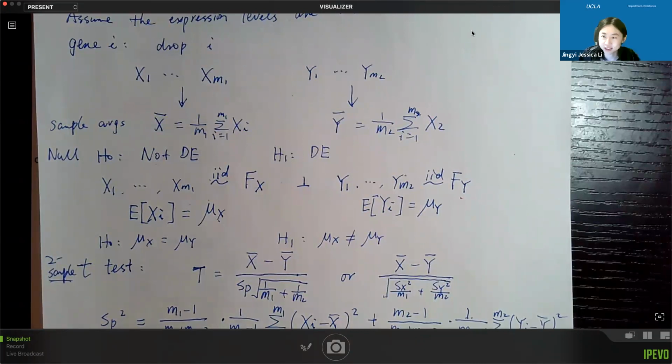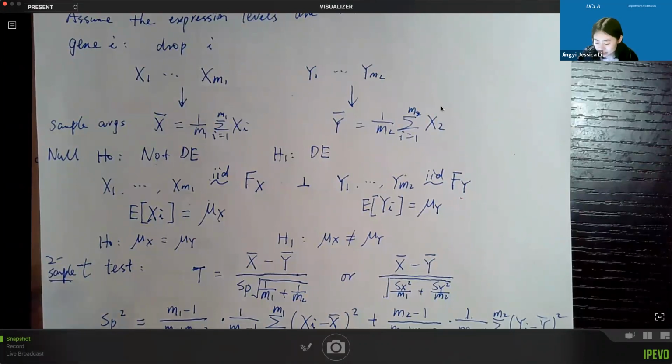And of course, you cannot afford to do a non-parametric Wilcoxon test or the permutation test. But still, try to think about whether the normal assumption is reasonable for your data. Or you may want to transform your data by, say, log transformation so that you can apply the t-test more reasonably. Okay, so that's it.